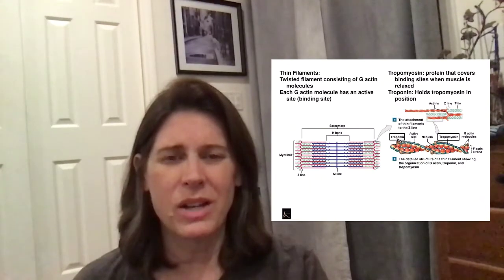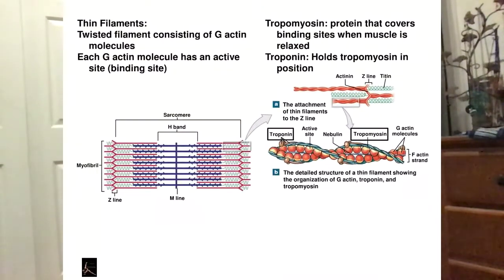So in order to really understand how that works, now we have to look more deeply at what makes up actin, or the thin filaments, and what makes up the thick filaments, or the myosin. Okay, so let's start with the thin filaments. The thin filaments are made out of three main substances. The main substance are the actin molecules.